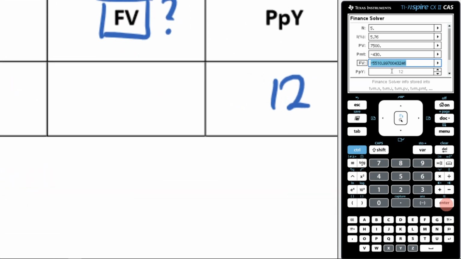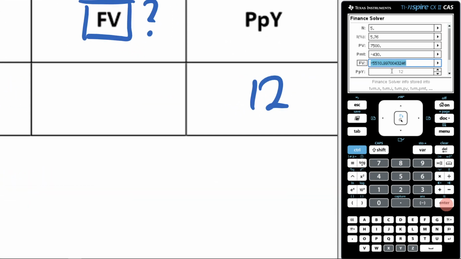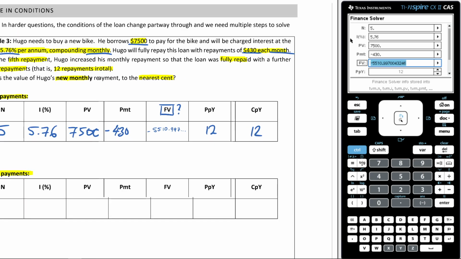Remember, it's a good idea to write the unrounded first. So I'm going to come here and I'm going to go negative 5510.997... So I'm putting the unrounded there.